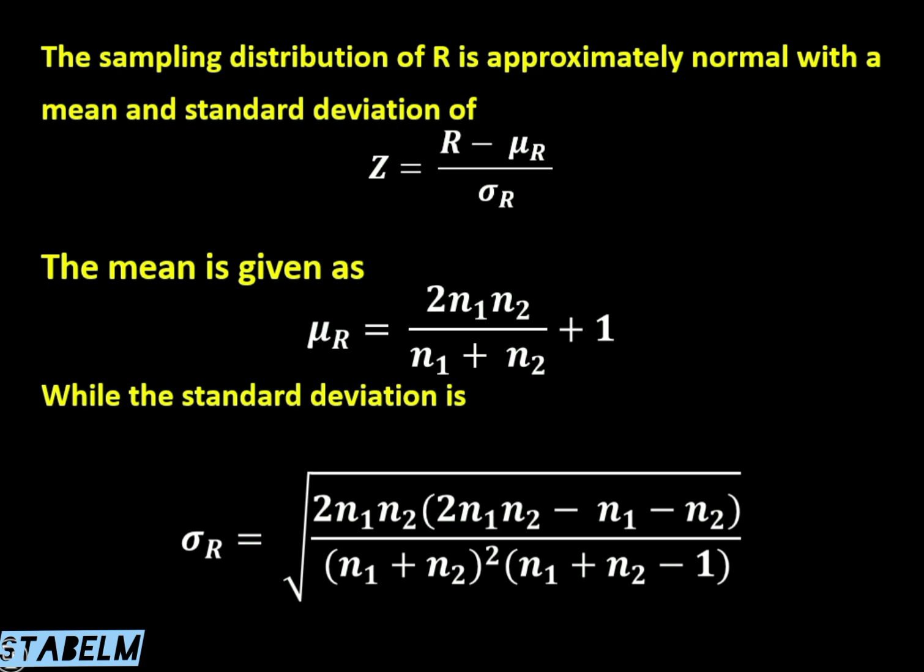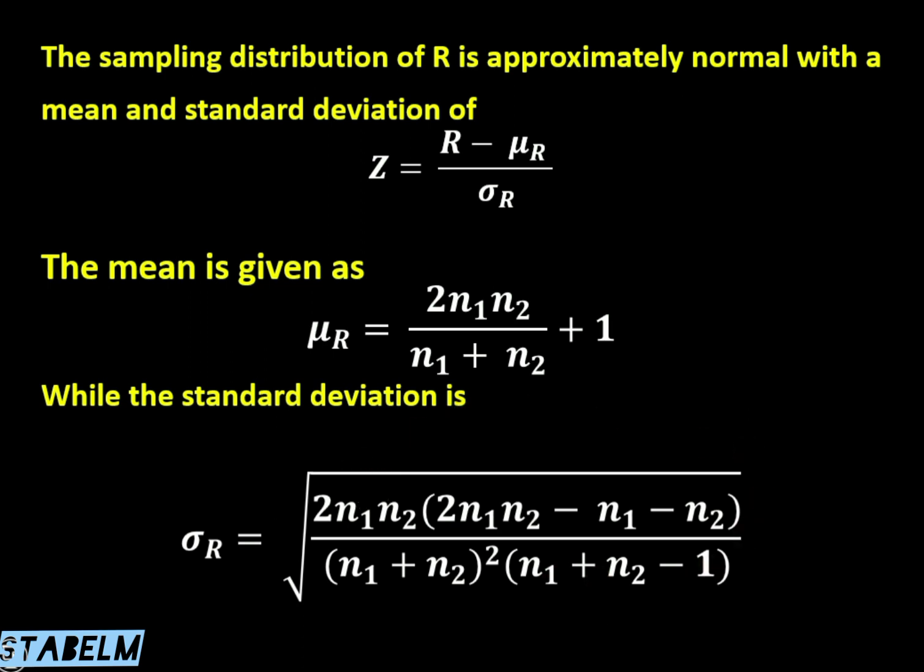So now this is the standard normal approximation for this run test. The mu R, which is the mean for the run test, this is the formula to get it. And the standard deviation for the run test, this is the formula to get it.